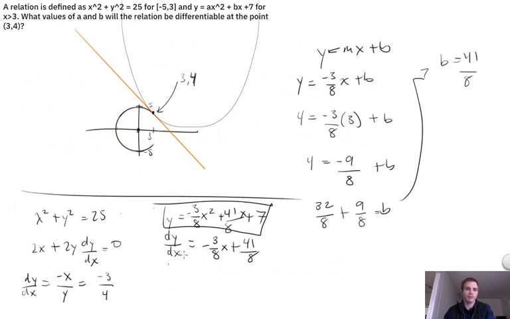Well, I guess a equals negative 3/8 and b equals 41/8. Okay, that's your answer.